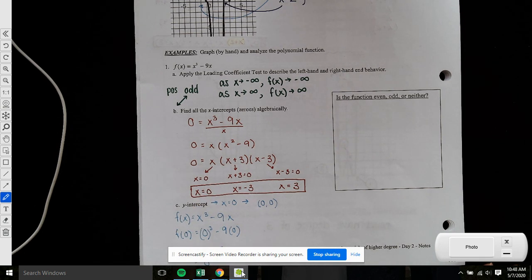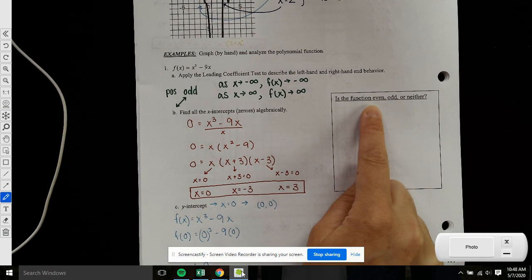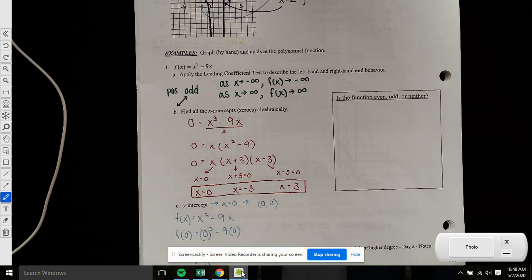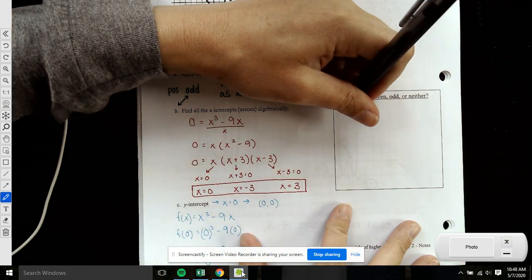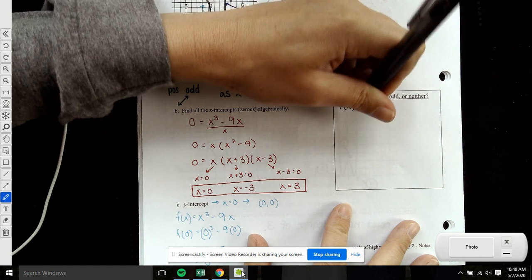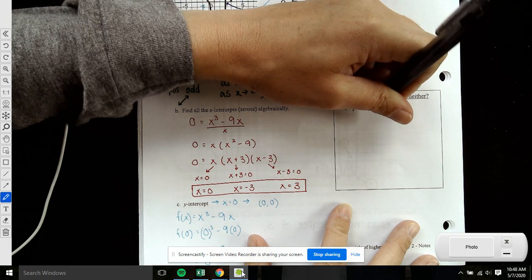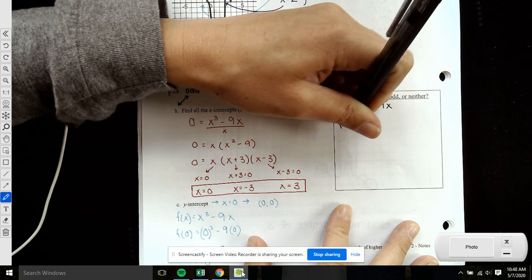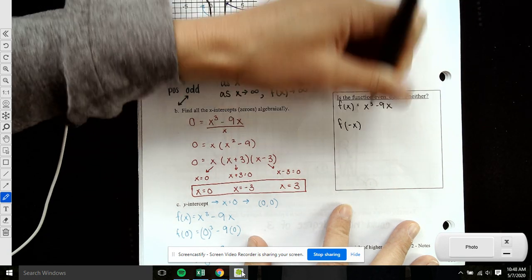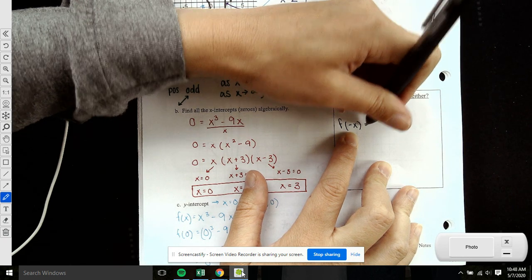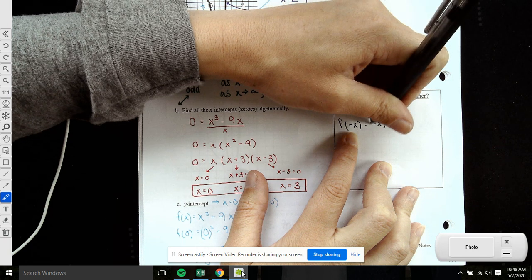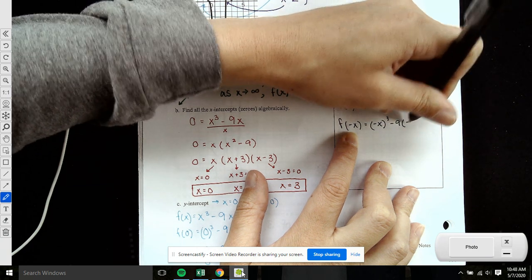Now I'm going to double check to see if this is even, odd, or neither. The way that we do that is we plug into the function. So f of x equals x cubed minus 9x. My first move is to find f of negative x. f of negative x equals negative x cubed minus 9 times negative x.